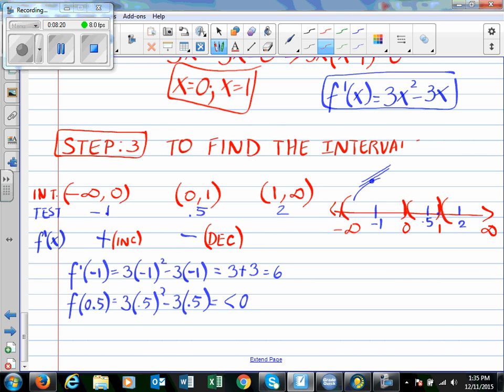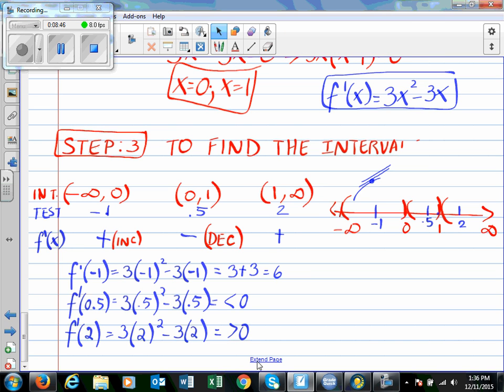Now let's do the last one. F prime of 2. So 3 times 2 squared minus 3 times 2. It will be positive, greater than 0. I just showed you the actual number, but you don't need it. So it's positive, therefore the function is increasing.